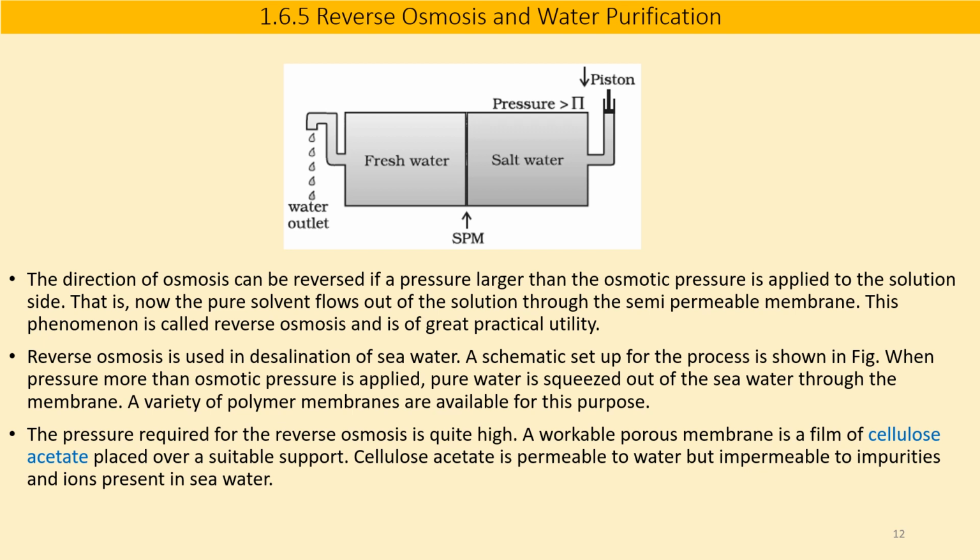A workable porous membrane is a film of cellulose acetate placed over a suitable support. The cellulose acetate is permeable to water but impermeable to the impurities. That means it does not allow the impurities or ions present in seawater to flow through the semi-permeable membrane. These days, many countries use desalination plants to meet their potable water requirements.